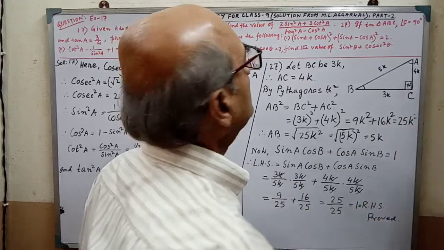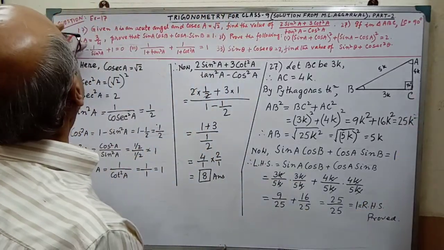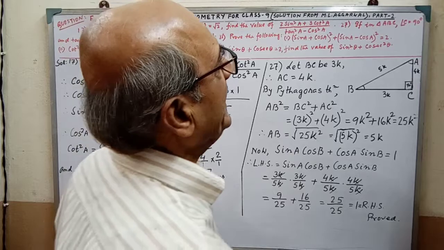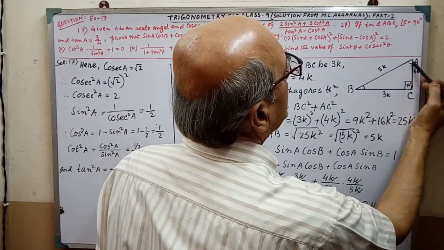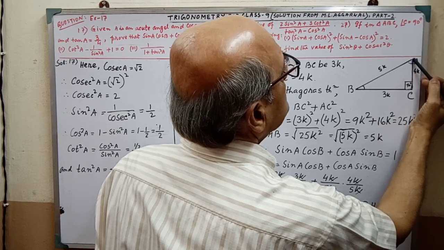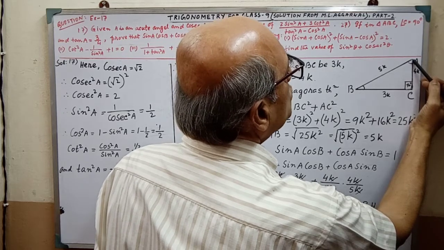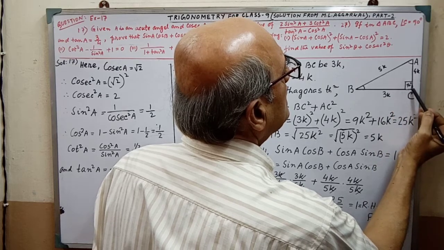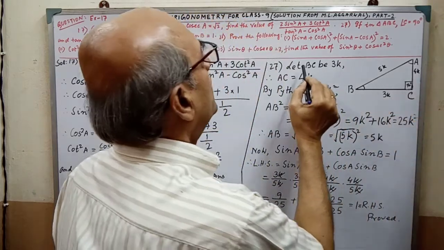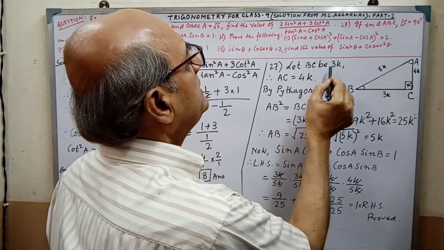After drawing the diagram, tan A equals 3 by 4. The angle is forming at A. This is why AC will be the base and BC the perpendicular. So let BC be 3K.